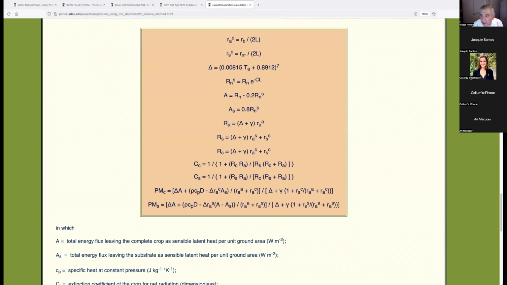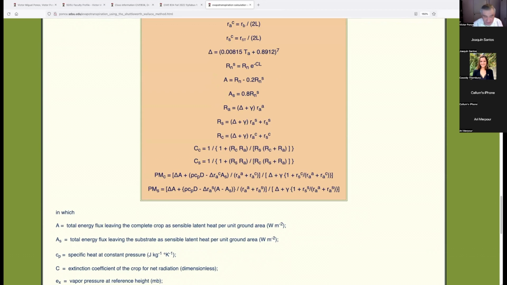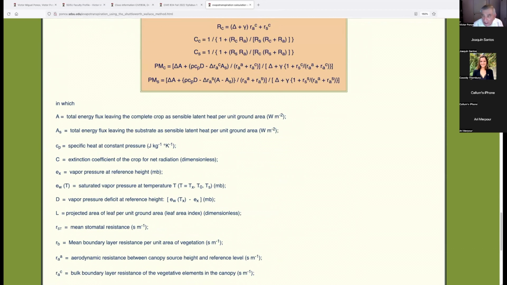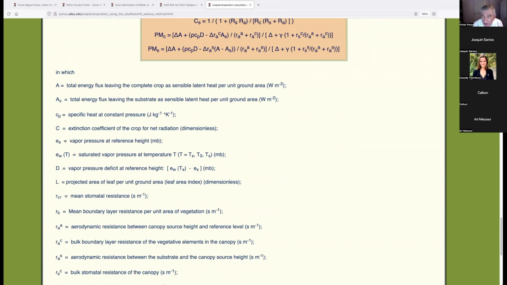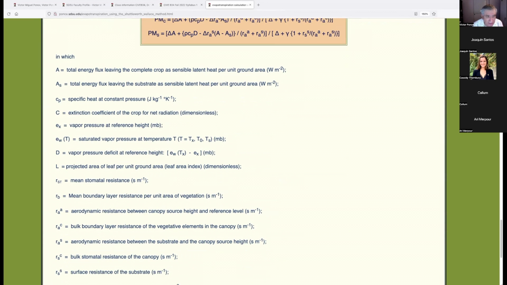Don't expect to understand the meteorology or the physics of this. I don't even understand it, okay? But it is correct in terms of what they said in their paper. And we actually did calculate the example that Shuttleworth and Wallace had put into their paper, so we believe we are fine.